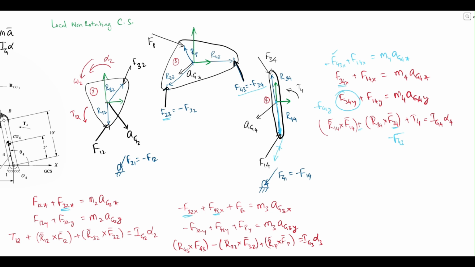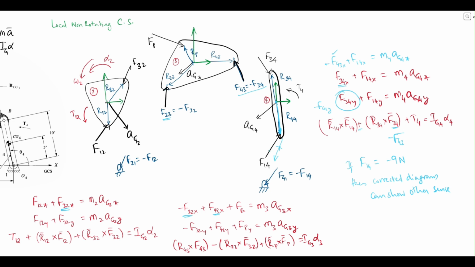Now, once I do a computation by solving all of these 9 equations for 9 unknowns, if I find that the value of f14, for instance, equals minus 9 newtons, then the corrected diagram would show the other direction, or other sense.